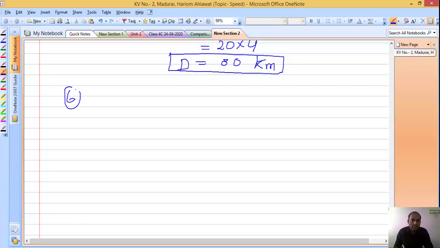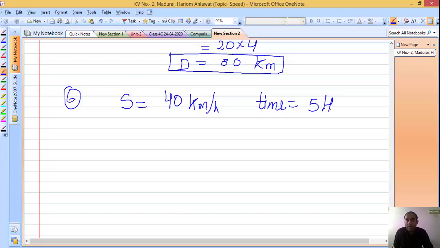Example number 6. This time the speed is, okay, you are going with your parents in a car and you see the speed of the car is 40 kilometer per hour, and you see that I have covered some distance in 5 hours. 5 hours you are sitting in the car and the car is going continuously at a speed of 40 kilometers per hour.